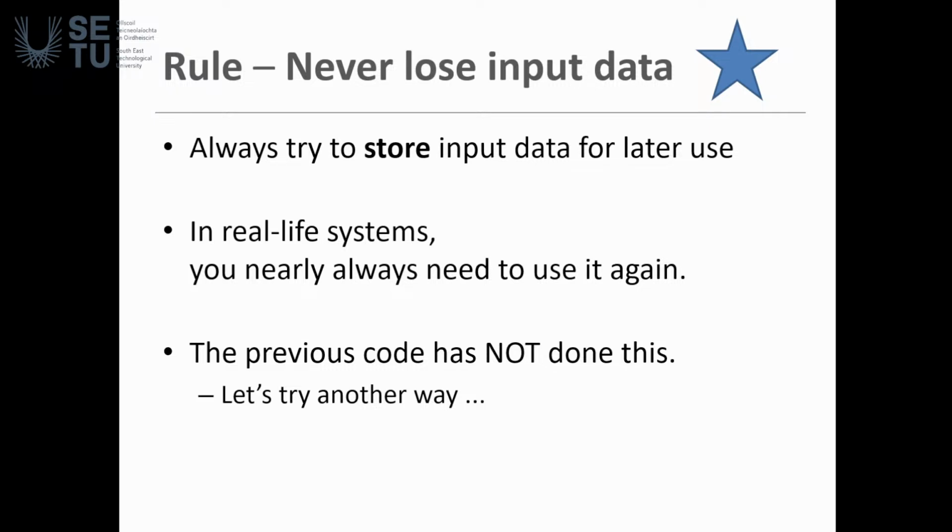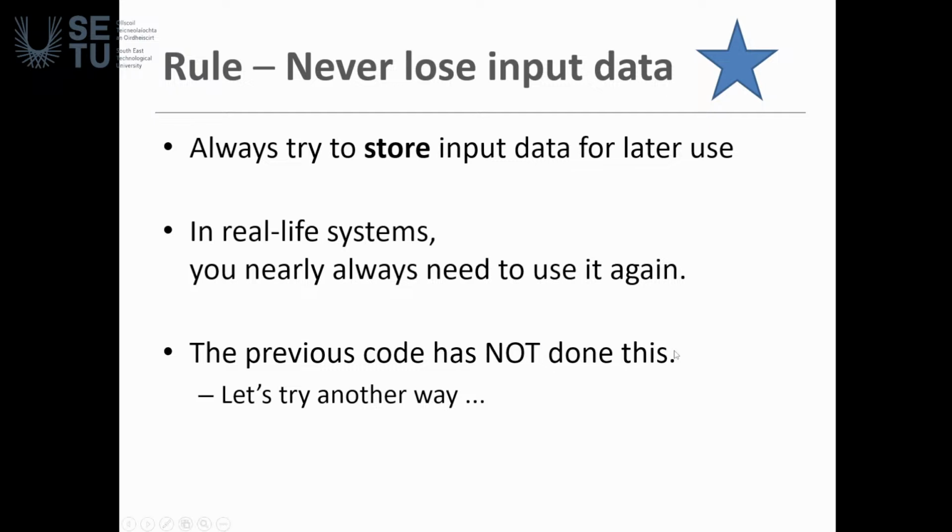If we were inputting student marks, we'd want to keep track of the marks that were input. We wouldn't want to lose them. If we were inputting dates of birth, we'd want to keep the dates of birth. We wouldn't want to overwrite them, or ages, or whatever it is. So we want to keep the information.